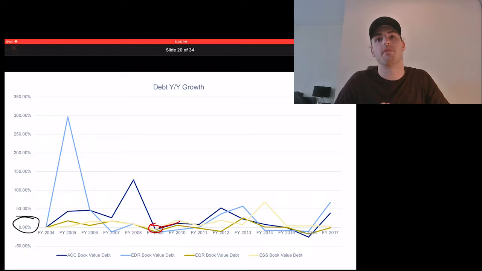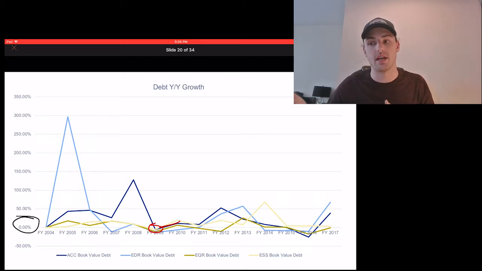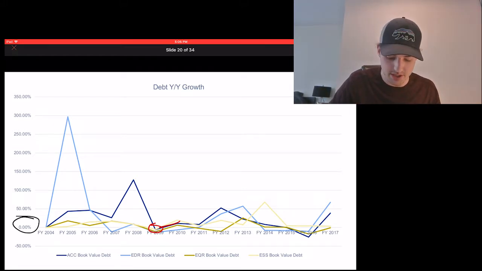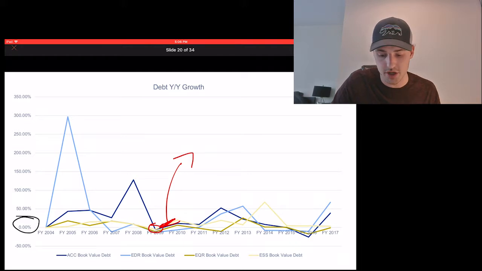Now, at the same time, this isn't necessarily the leverage ratio that's changing, but they're increasing their debt as a dollar amount, because they're increasing their entire asset base. But it's interesting because this suggests that this is a relevering. So this is increasing their leverage ratios, let's just say debt to asset ratio.